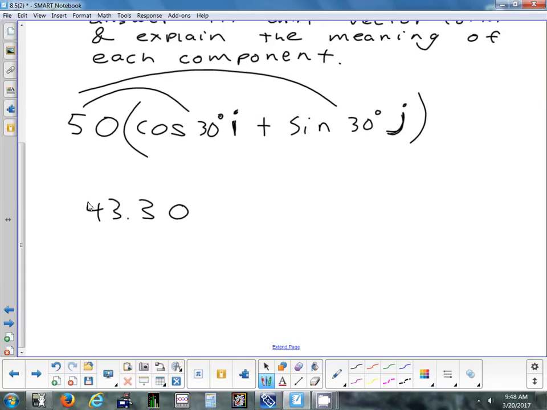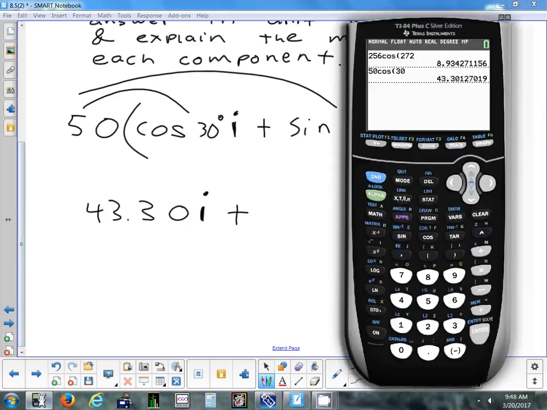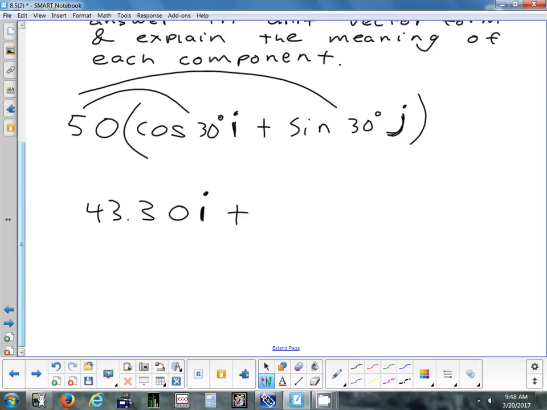And someone remind me again, what component is that? That's I. Plus, now do 50 times the sine of 30. And that's going to give us 25J. Okay, and that's the velocity vector.